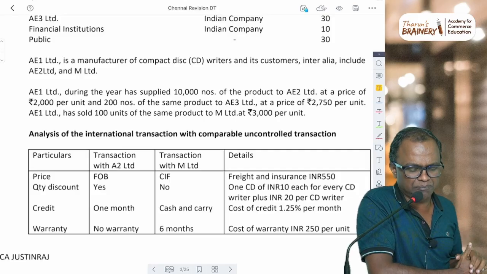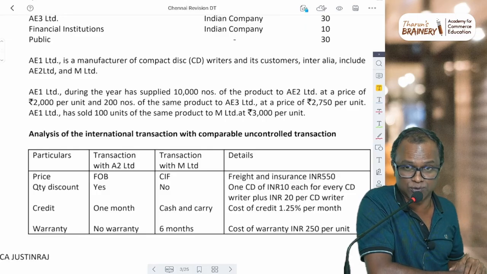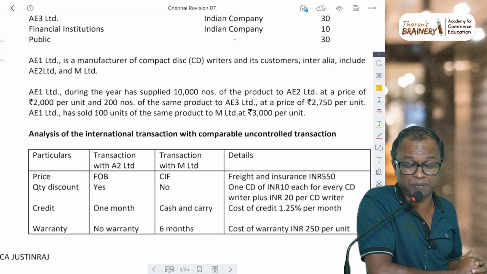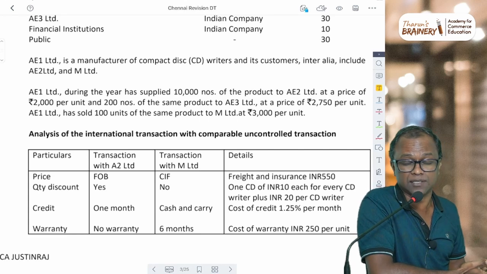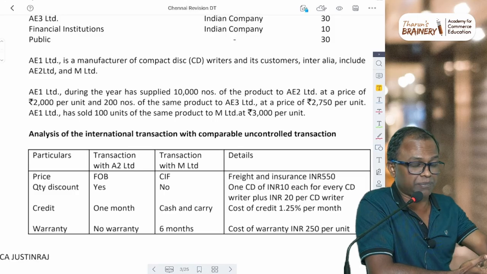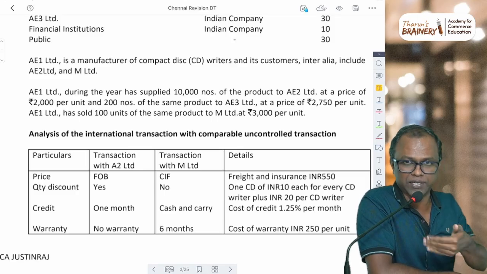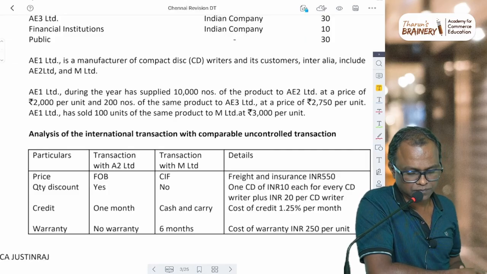The unrelated party's price is more than the related party price. To make it the same level, we have to reduce the discount, because M Limited's price is high as no discount is given. Every adjustment can be made only to the unrelated party's price. The related party price cannot be touched. So reduce the discount, rupees 30.